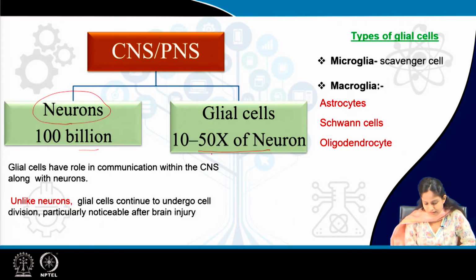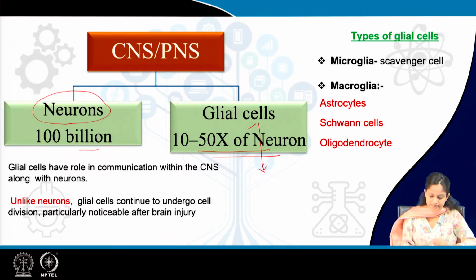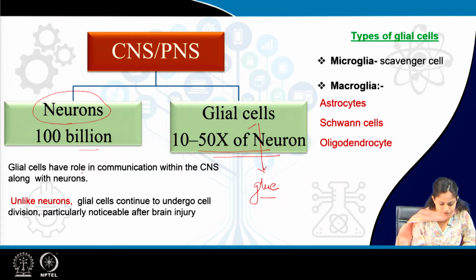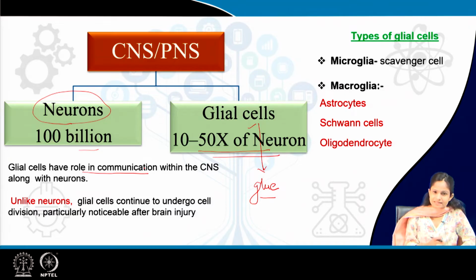Those are named glial cells. The word glial is derived from glue. It is a Greek word derived from glue, which means it plays a very important role in communication with the neurons in the central nervous system.